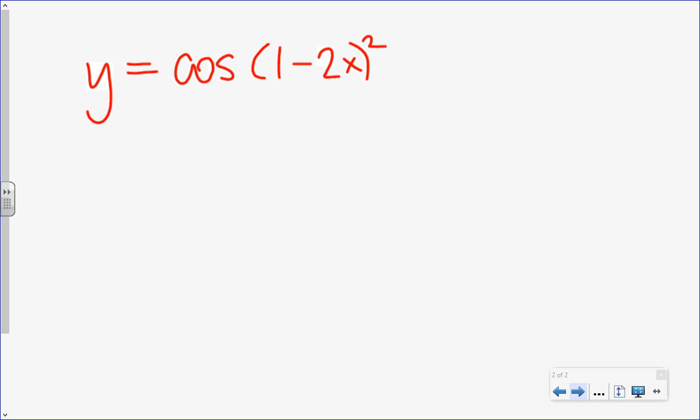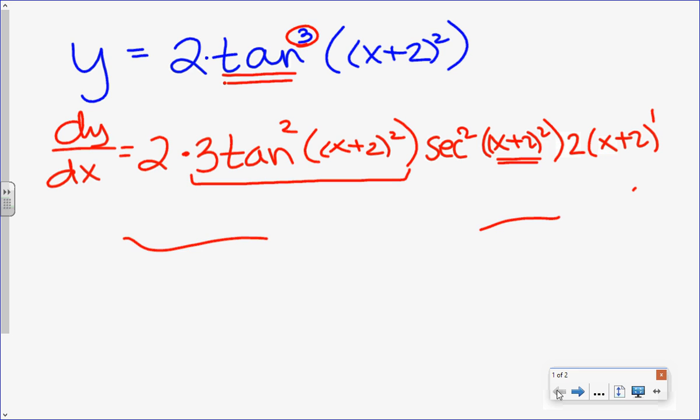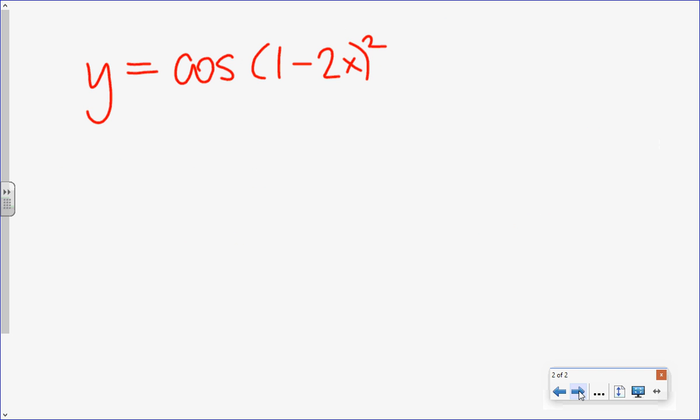Okay, so the reason why I wanted to do this one is because of where the square is. Over here we have the cube on the tangent. Over here we have the square on the angle. So what is our outermost function in this case?